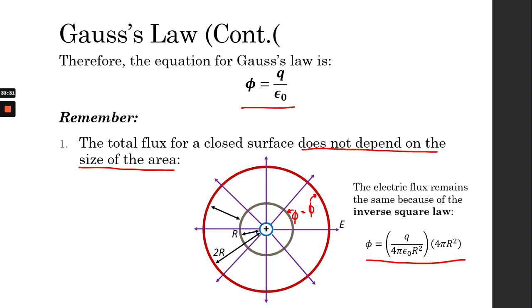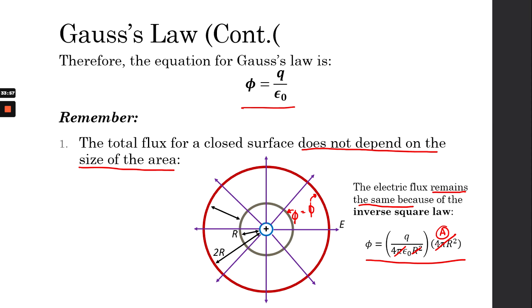As you would notice, using the inverse square law, we actually canceled the area. So this is the area of a sphere, remember? And by canceling the area of the sphere, the size of the sphere does not matter. No matter what the size of the sphere is, the electric flux remains the same because of the inverse square law.